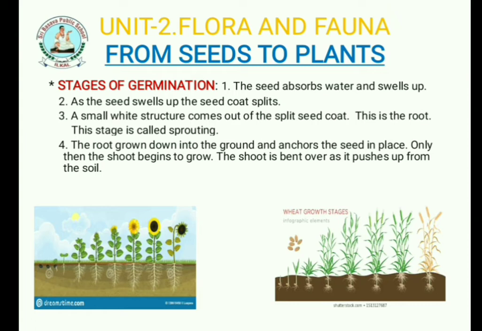Next the roots grow down into the ground. The anchor helps the shoot begin to grow. These are all the stages which take place during germination of seeds. One germination picture is about sunflower, and the next one is wheat.